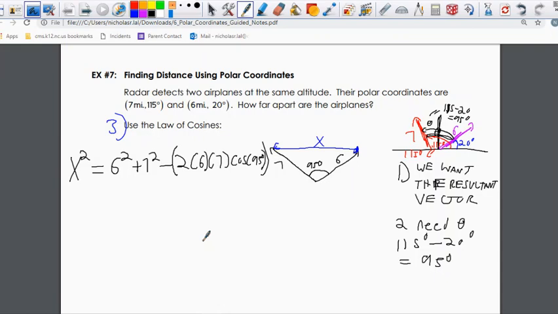That's what x squared is equal to. x is going to be equal to the square root of 6 squared plus 7 squared minus 2 times 6 times 7 times the cosine of 95.